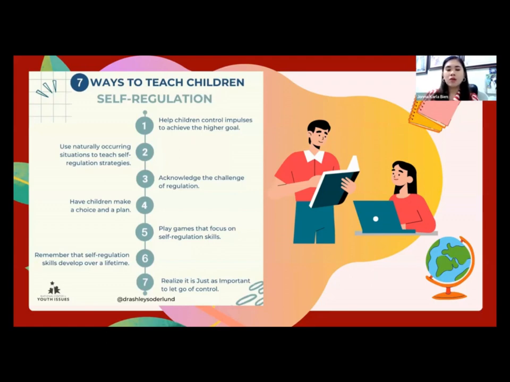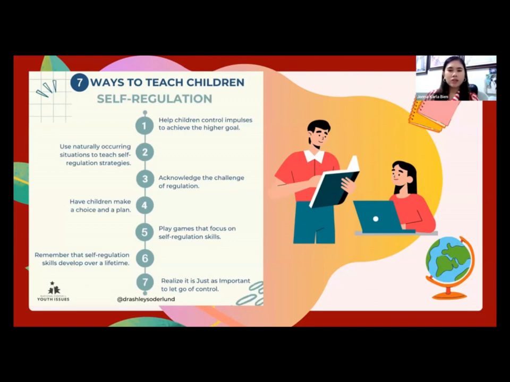Play games that focus on self-regulation skills, okay? So, like what we had before, examples, para ma-enhance yung memory, ito yung mga pwede nating gawin. Para ma-enhance yung patience, anong activity yung gagawin mo?